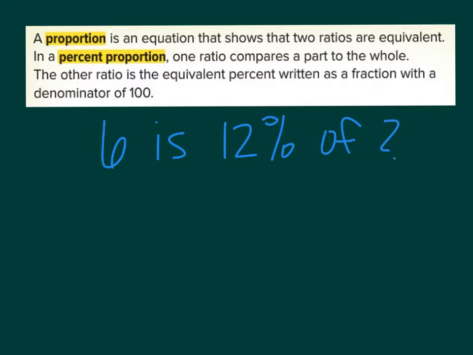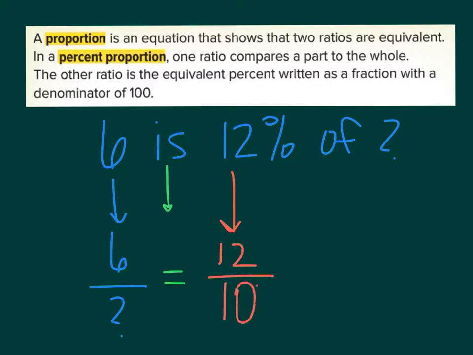Basically, we would write 6 as a fraction, but we don't know what the denominator of the 6 fraction is. We do know that the word is means our equal sign, and that 12% can be written as 12 over 100.